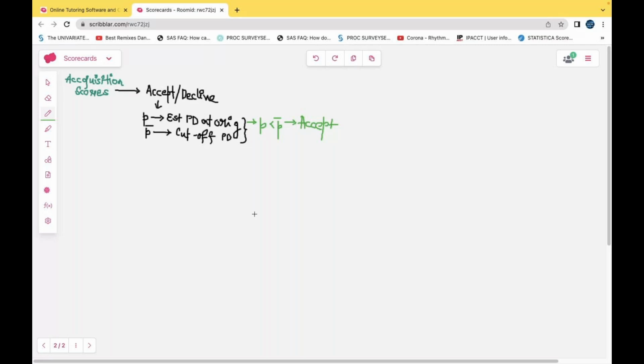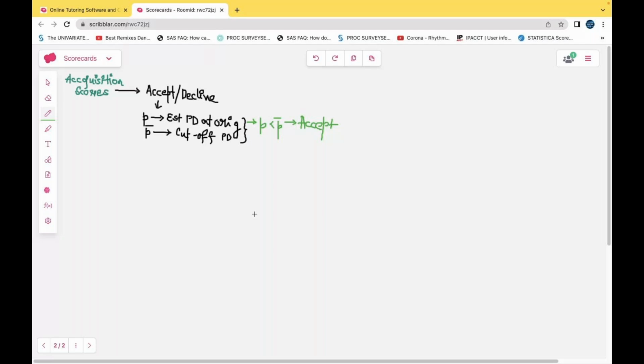Now the question that comes out over here is how do I calculate this PD model, or how do I identify what the cutoff is going to be? That is something that we'll discuss in next week's classes, not this week's session. These PD scores are calibrated to acquisition scores, where if the PD is lower, the acquisition score will be higher.